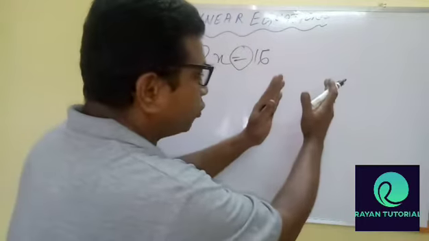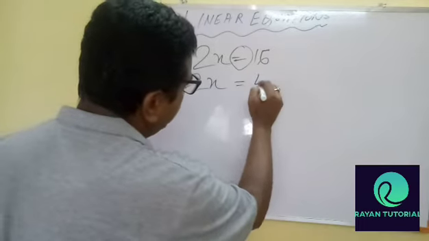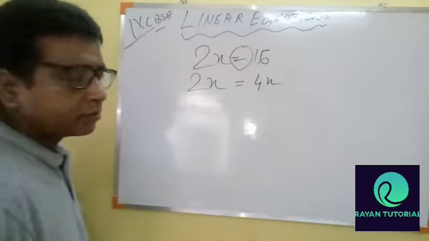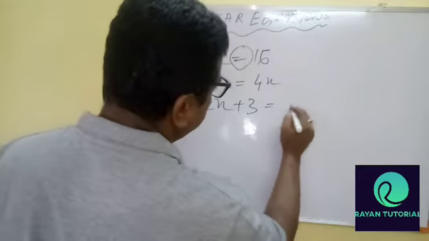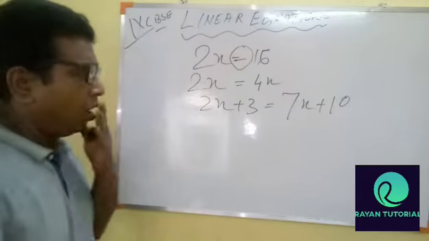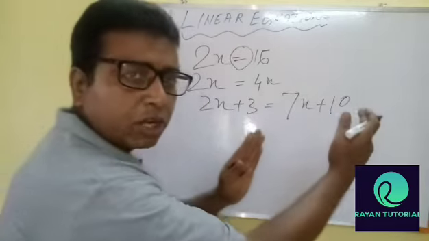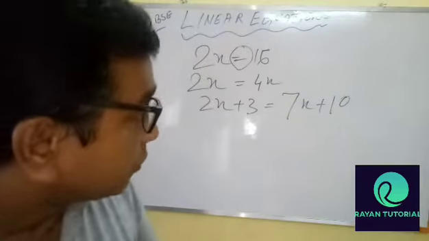This one is equal to this one. It may be like this: 2x equals 4x. It may be like this: 2x plus 3 equals 7x plus 10. Something equals to something. That is called linear equation.